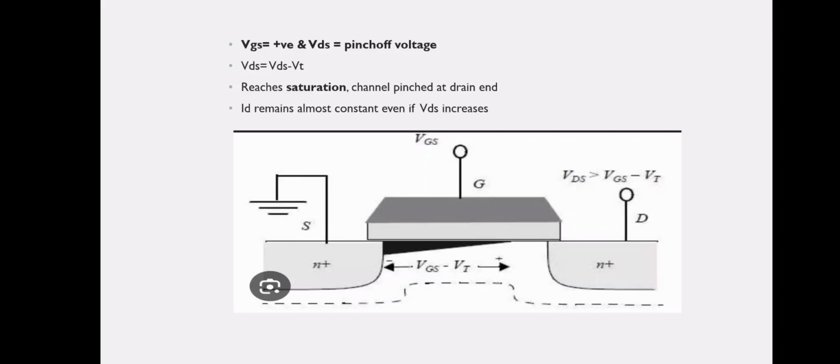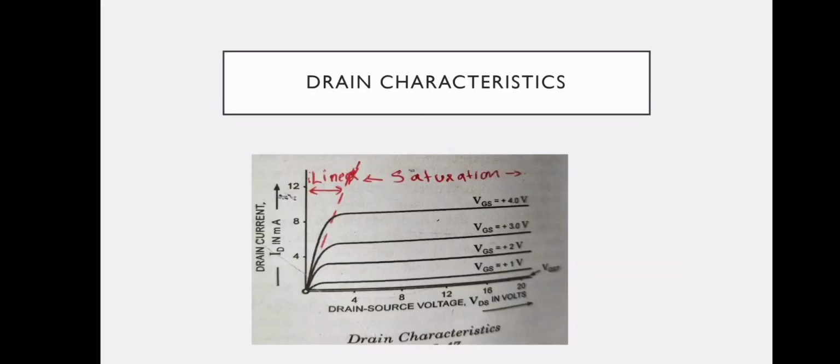This mode of operation where ID remains constant with respect to VDS is known as the saturation region of operation. So now let's move on to the characteristic graphs of the device.